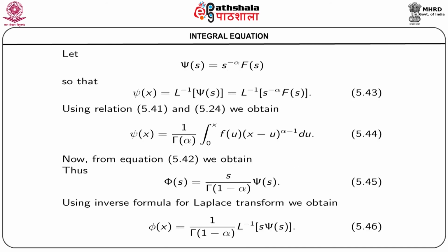We take capital psi s equal to s to the power minus alpha into capital F s, and capital psi s is the Laplace transform of a certain function small psi x, say. So that small psi x is given by the Laplace inverse of capital psi s, that is the Laplace inverse of s to the power minus alpha into F s.